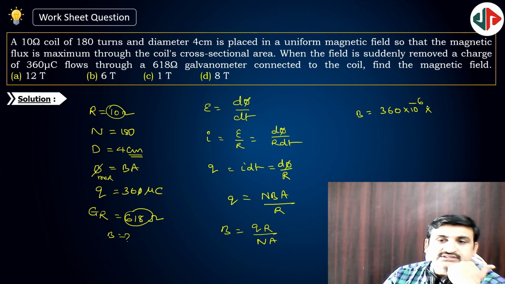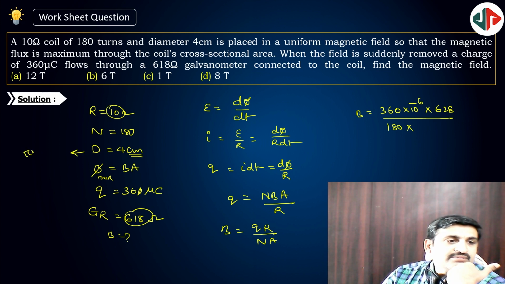Total you have to take 628, by N value, number of turns 180, and area pi r square. Pi r square, that is pi only, and r is 2 centimeter, 2 into 10 to the power minus 2 whole square.